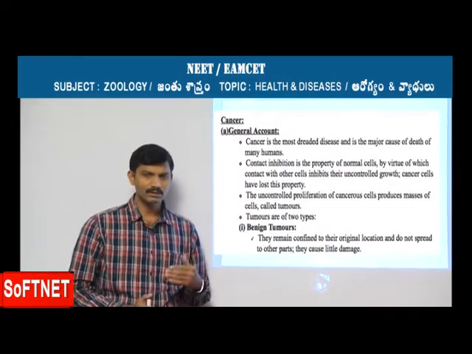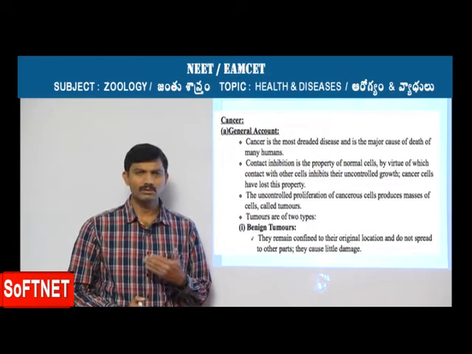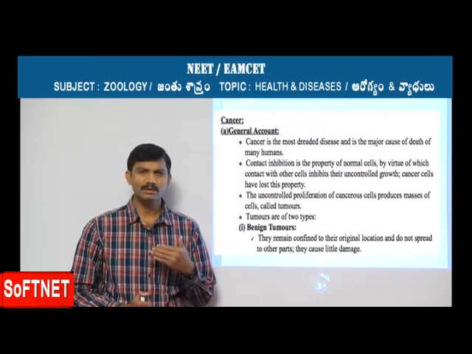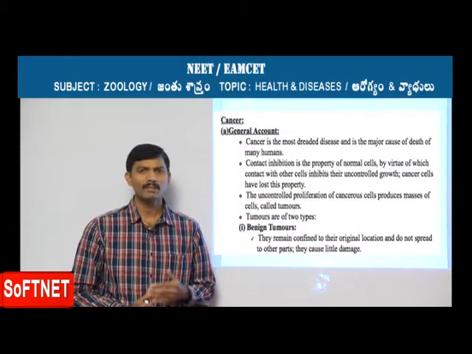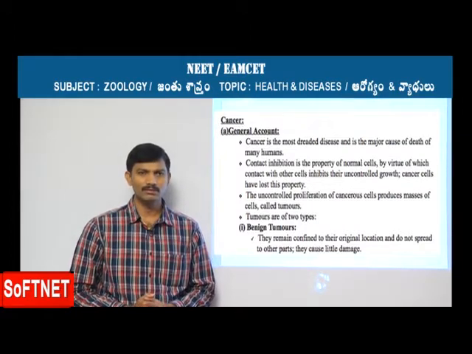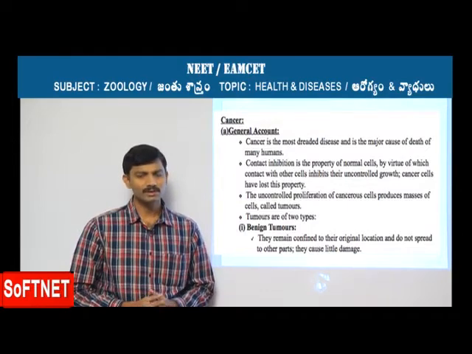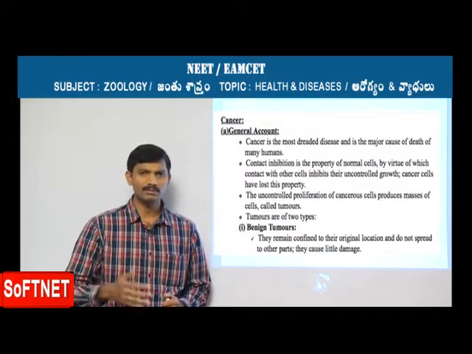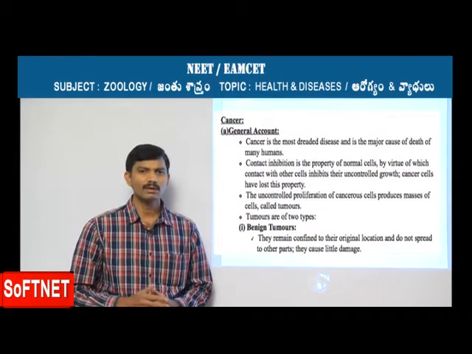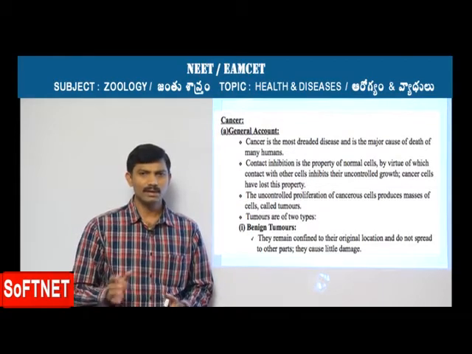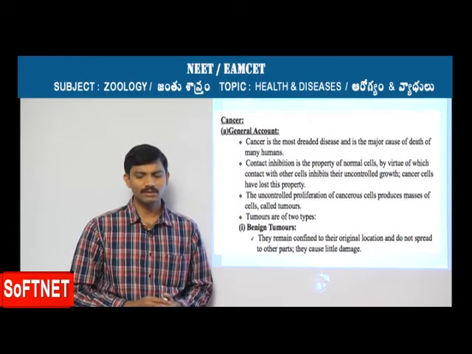A benign tumor is not that harmful, and it remains confined to the area where it is affected, developing in that area only. As a result of the loss of cell cycle control, several cell cycles occur and result in a mass of tissue that we call a tumor.